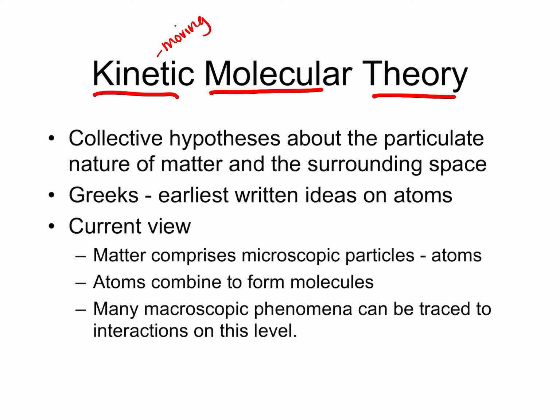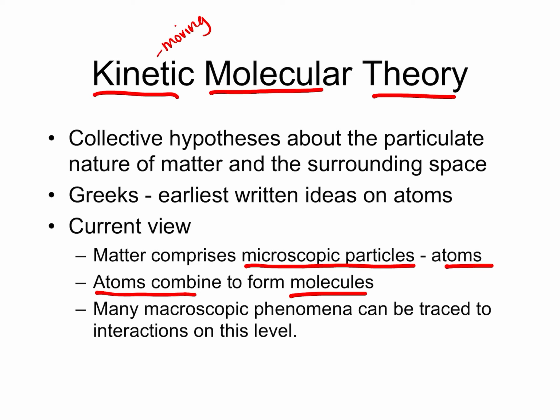Okay, our current view is that matter is comprised of microscopic particles called atoms. So we get more into atoms and molecules and things like that when we get into chemistry, but you do have to know some of the terminology. And then atoms combine to form molecules. So you take more than just one atom, and that's going to give you a bigger combination, which are called molecules.